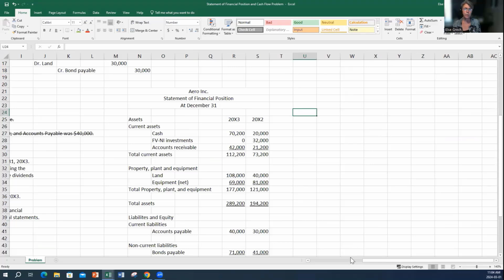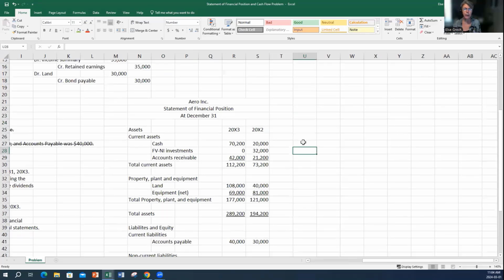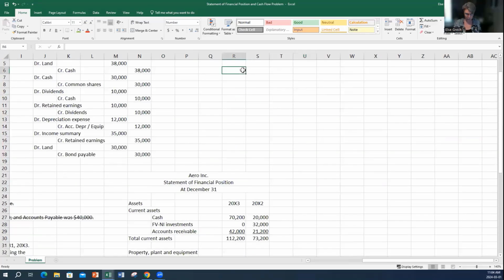So we know in order to do a statement of cash flows, we've got to calculate the change in any of the accounts. So I'm going to do that. And of course, the change, and I'm just going to do a little note here. For all the debit accounts, we're going to use the formula prior minus current.